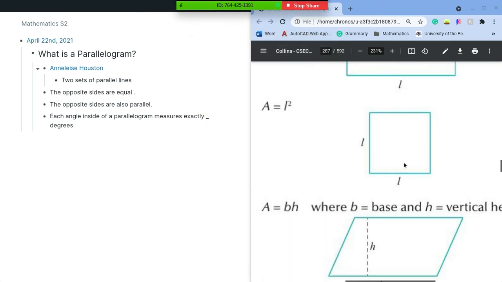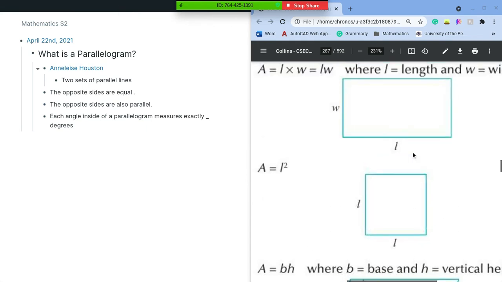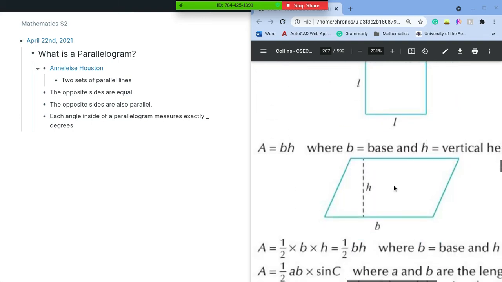And when you add all four, you get 360 degrees, correct? Yes. Same thing for a rectangle. Each side in a rectangle measures 90 degrees. So when we look at a parallelogram, each angle in a parallelogram is 90 degrees as well, because it's an enclosed shape.